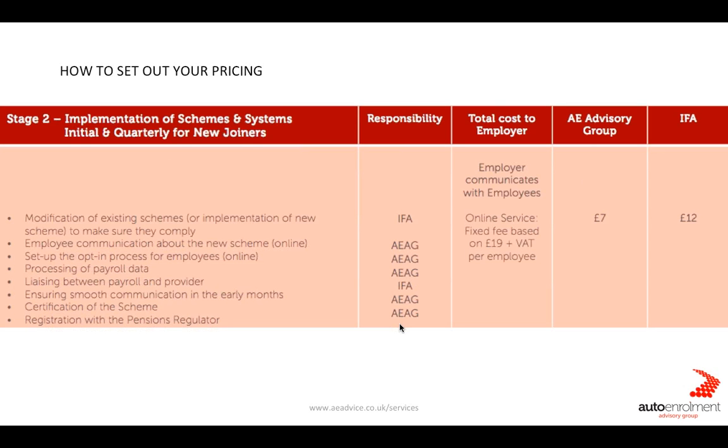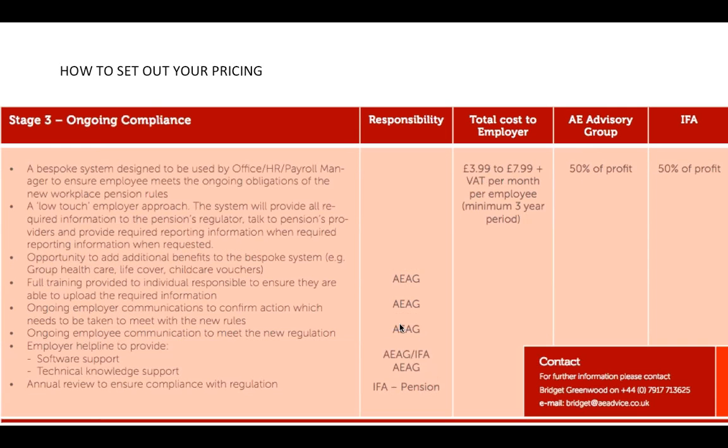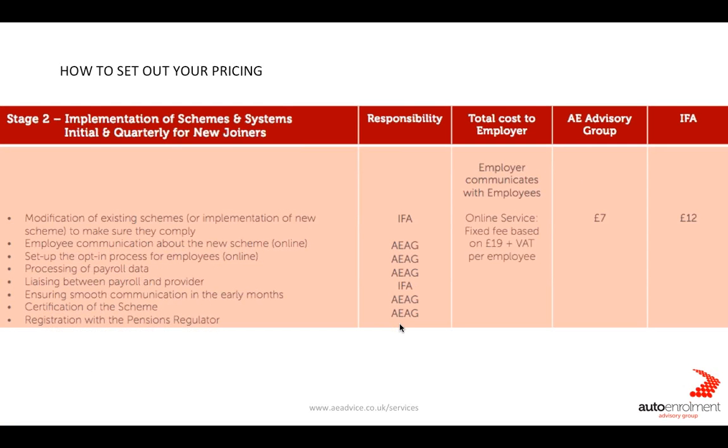As you can see, there are some responsibilities in terms of making sure that you put things in place. But we also make sure that all the employee communication is done, which is one of the most underestimated aspects of auto enrolment. Setting everything up online, building the middleware, certifying the scheme, registering with the pensions regulator. But your job is to make sure that we're getting the information we need to do that.